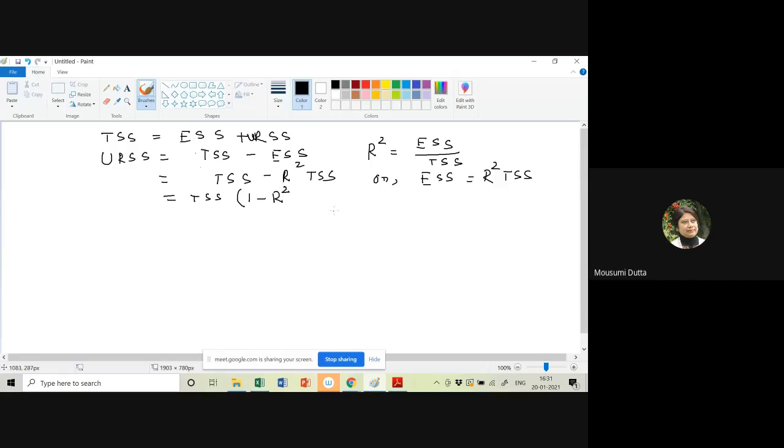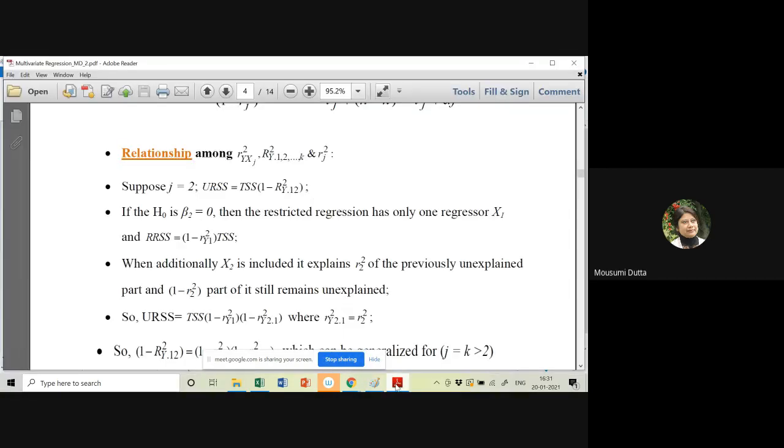Now we have two explanatory variables in the model, so I can write this as r square y dot 1, 2. The regression model has two explanatory variables. So in this context, URSS is nothing but TSS into 1 minus r square y dot 1, 2. 1 and 2 indicate the two explanatory variables, x1 and x2.